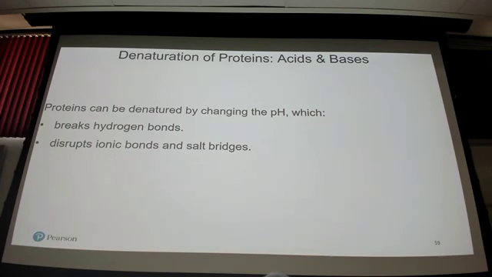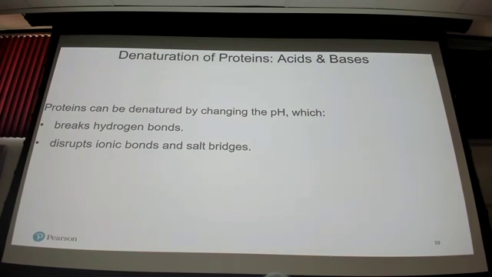For example, and we're going to talk about this in more detail, there is the digestive enzyme pepsin. It's in the stomach. The stomach pH is very low. Trypsin is the active enzyme that breaks down proteins in the small intestine.